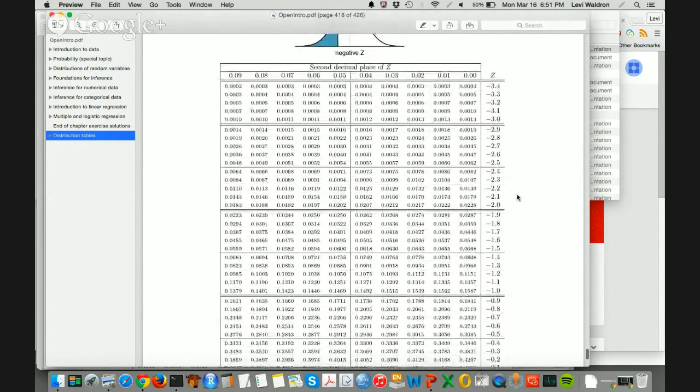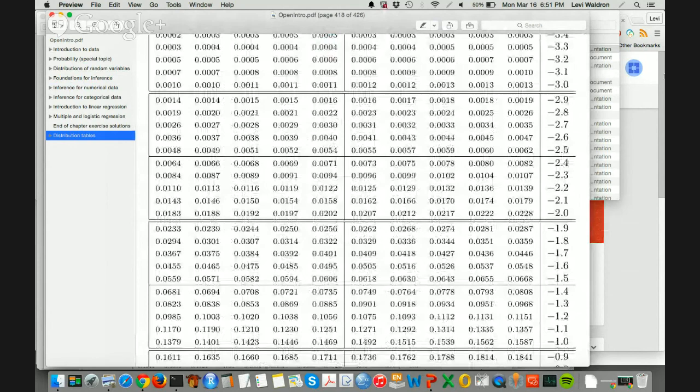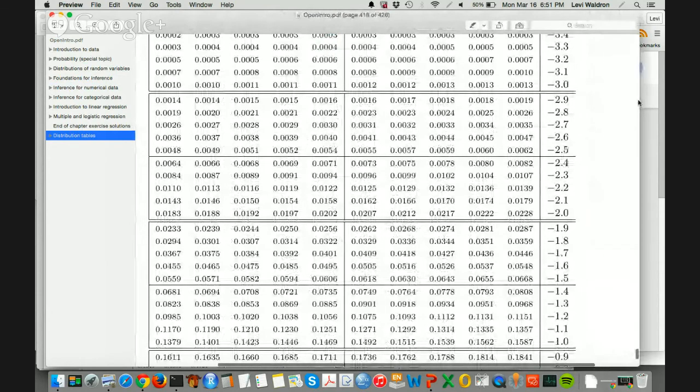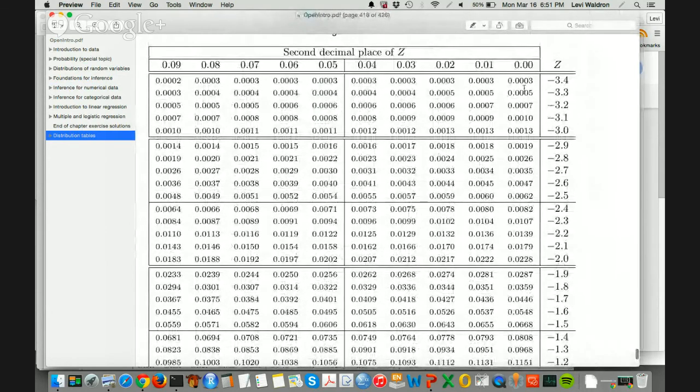So, see, I'll make this a little bigger. Okay, starting here, that's too small. Just going to go down, 0.006. It's a little too big, let's go here.